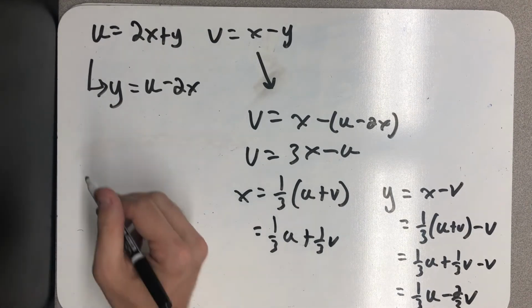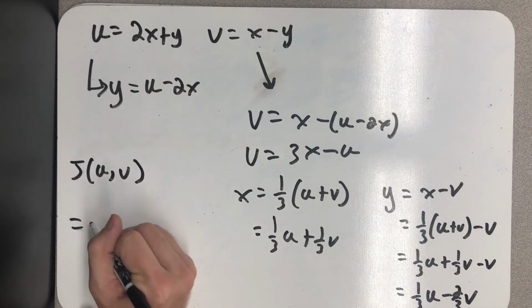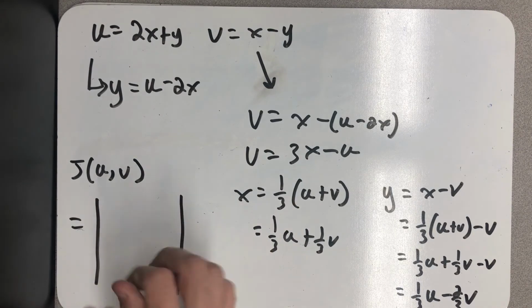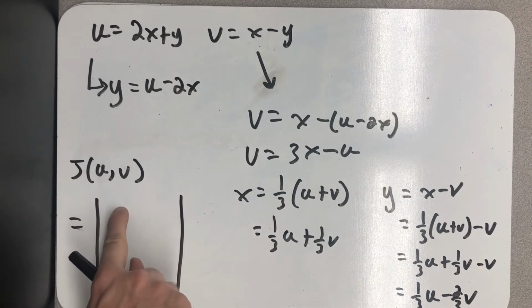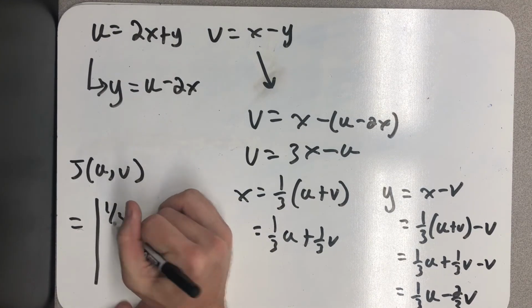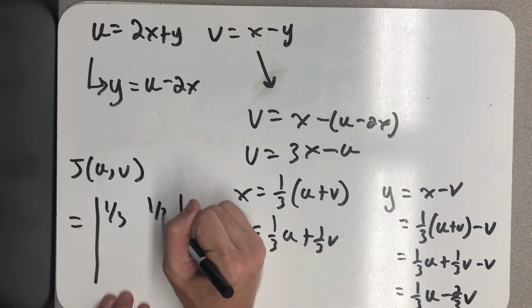Now we can compute our Jacobian. In this first entry, I would have the partial of x with respect to u, which is 1/3. In the next spot, I have the partial of x with respect to v, which is also 1/3.